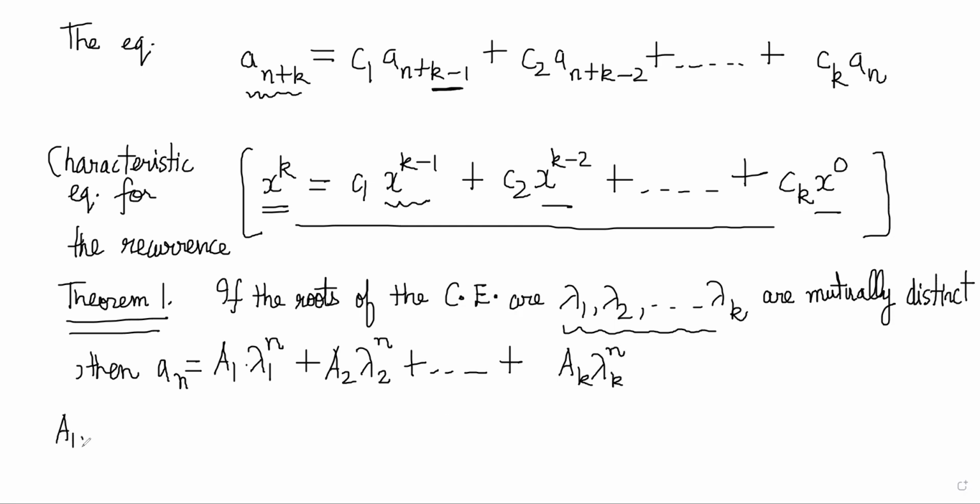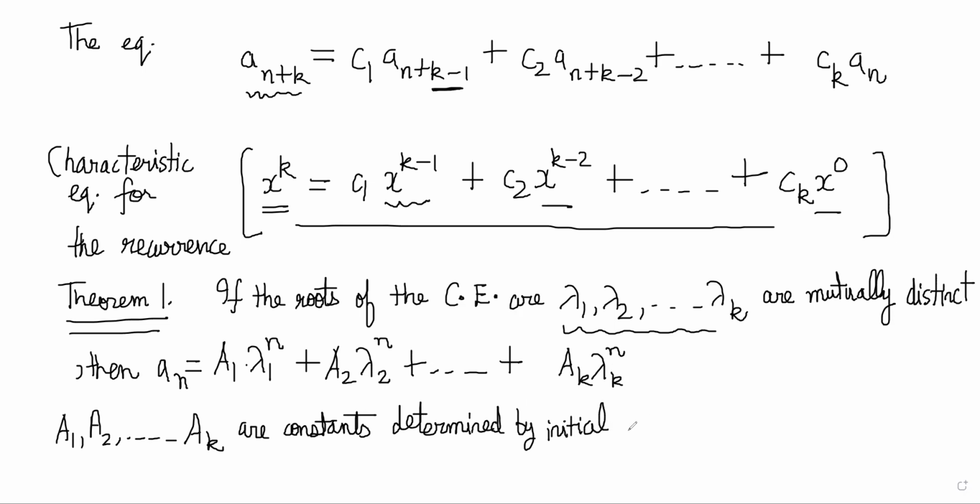Here a1, a2 till ak are constants determined by the initial values of the recurrence of the sequence, let's say, the first term, second term, third term, and so on till kth term.